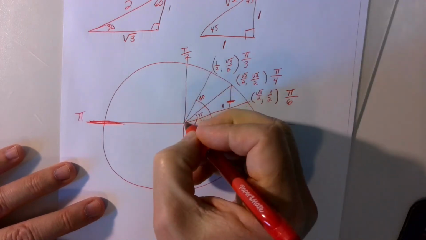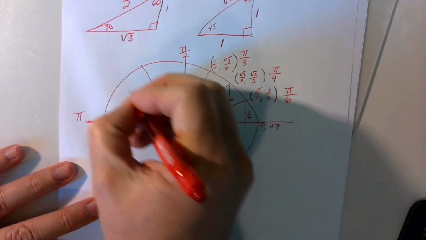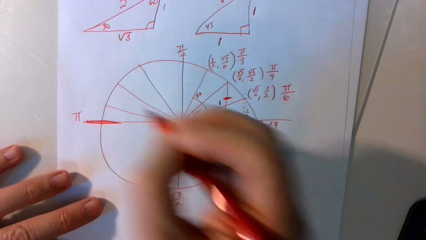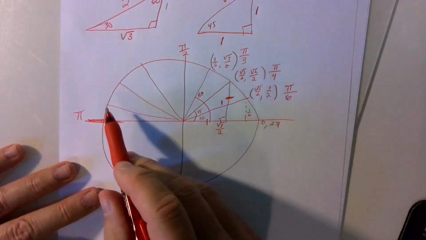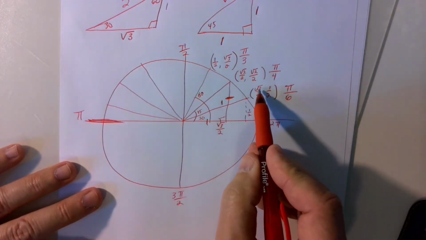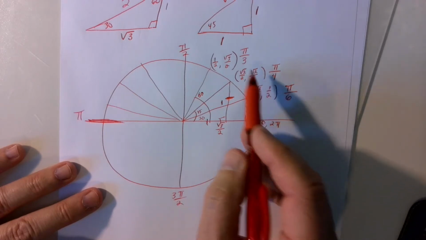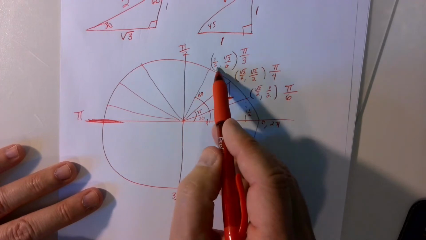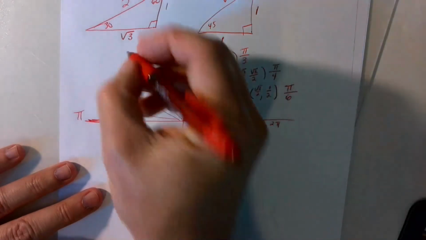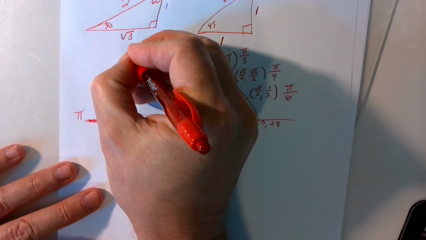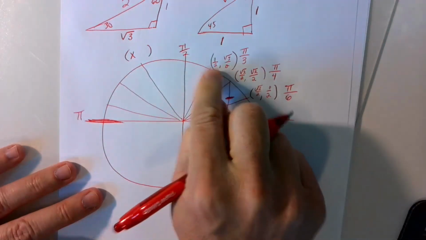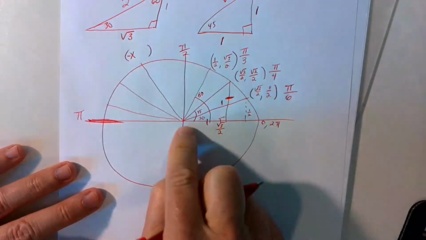So when we try and break this up into these other sections over here, and we're trying to do the values, all of these, square root of 3 over 2 and 1 half, square root of 2 over 2 and square root of 2 over 2, and 1 half and root 3 over 2, are the same things over here. The only difference is the x values of whatever's over here become negative, because now we're going to the left.